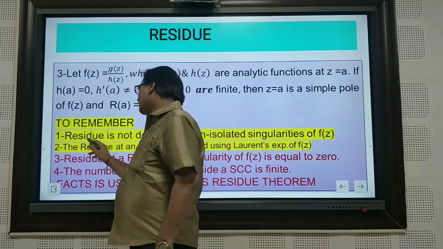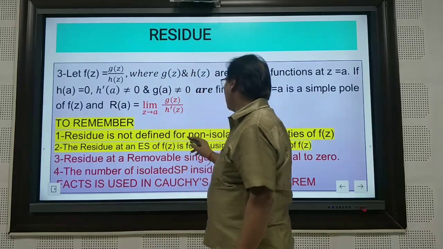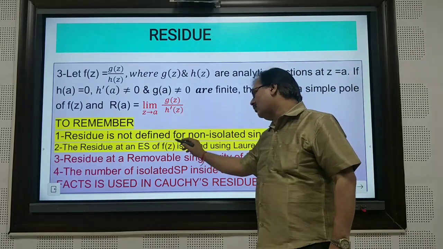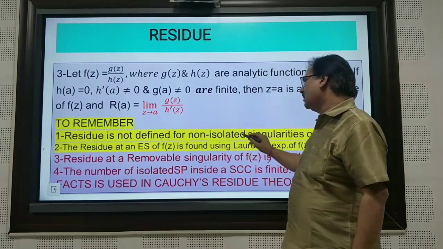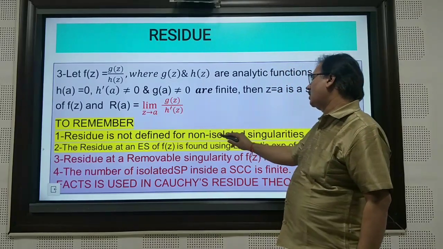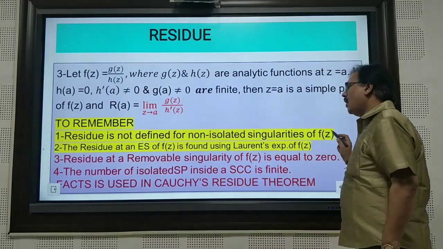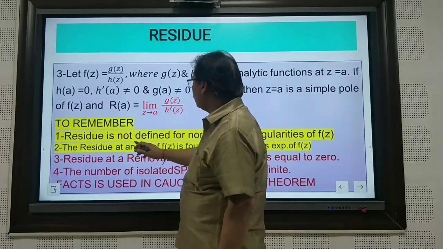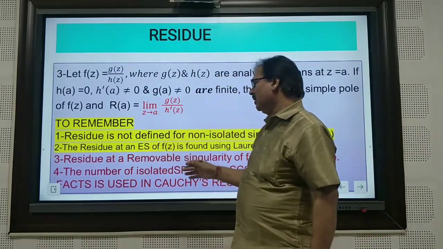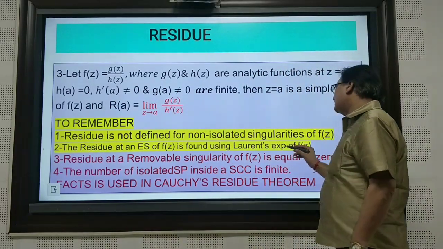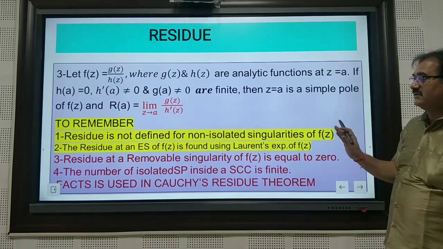Now remember that residue is not defined for a non-isolated singularity. Sometimes the MCQ always asks on this topic. You have to remember, a residue is not defined for non-isolated singularities of f(z). Second point is, the residue at an essential singularity of f(z) is found using the Laurent expansion of f(z).